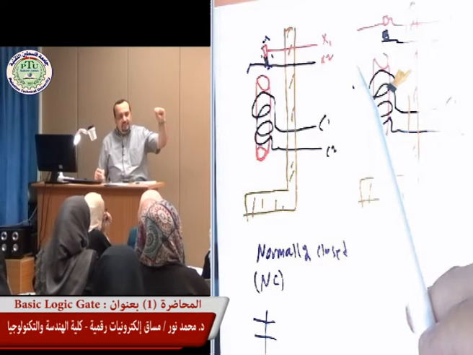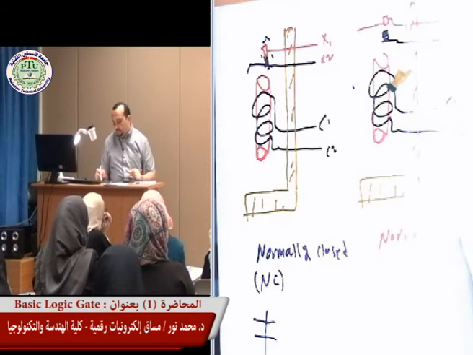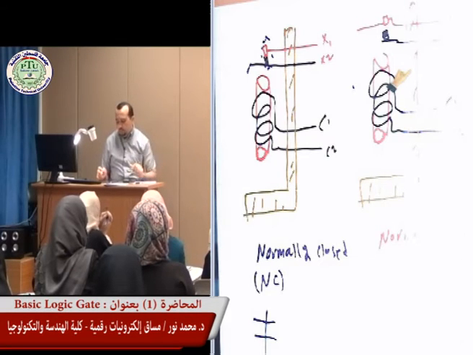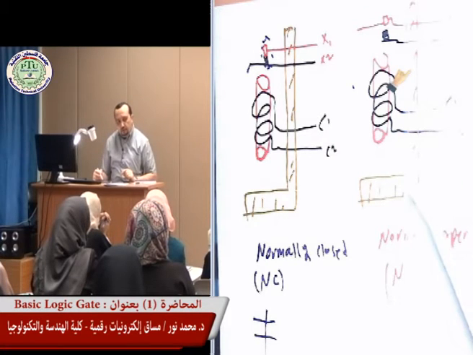So basically, this is normally open. Then, once we apply voltage, the circuit will be closed. And typically, it is represented by NO. Unfortunately, last time, most of the examples were over the NO. So that was the confusion.